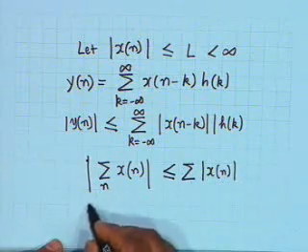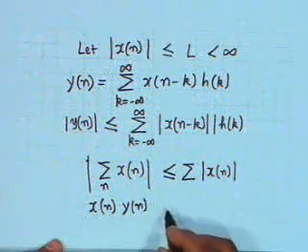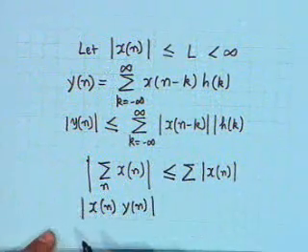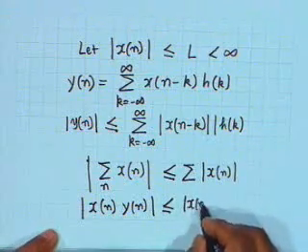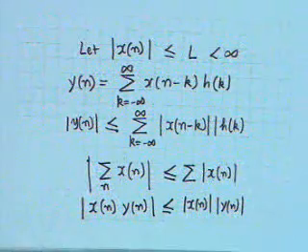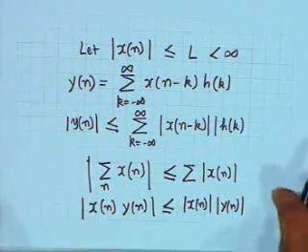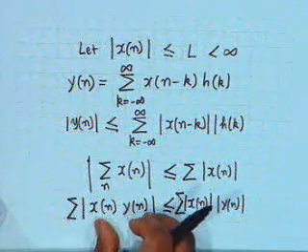Now it is also true that if you have two quantities, let's say x of n, y of n, and you take the mod of the product, then it must be less than or equal to the product of the mods. Well, there is a summation here. Otherwise it's not valid. It's only in the case of summation, because the product may be positive or negative.